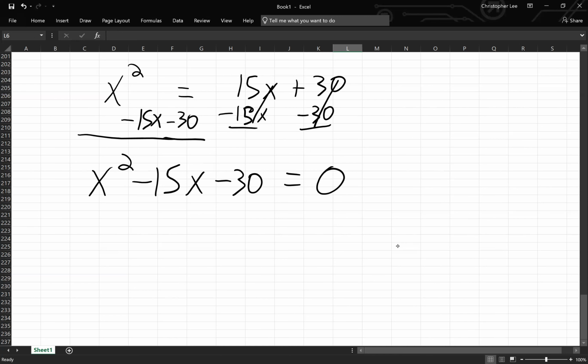Well, 10 times 3 is 30, but 10 plus 3 is not 15. So one has to be positive, one has to be negative. I know that because the 30 is negative, and the only way to get a negative number through multiplication is if one number is positive and one is negative. The bigger number is going to be negative. So what are they?